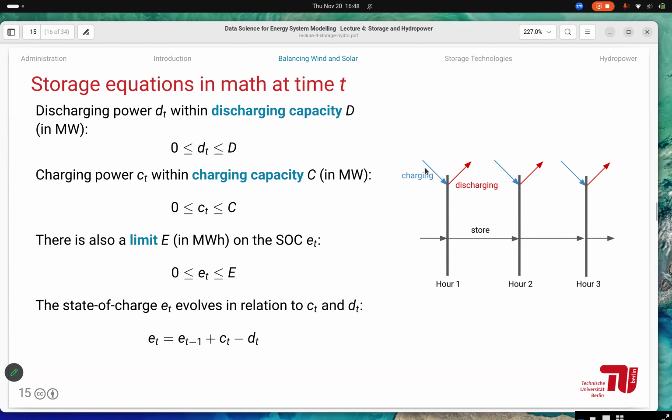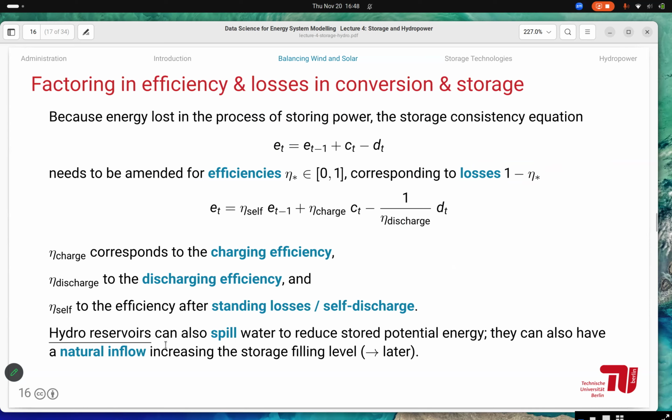We have some inflow from charging, some outflow from potentially discharging, and that is what we carry over into the next period. So we have an iterative relation between the state of charge in the different periods, depending on what operational action we take. I think that is probably very clear.